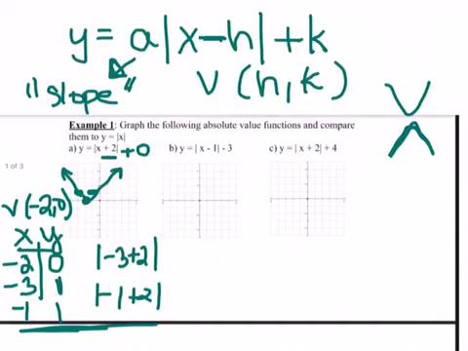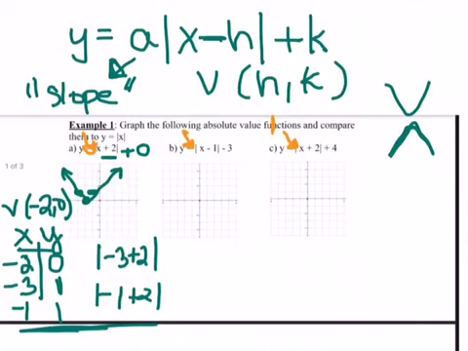Now that's pretty cumbersome to have to do all this arithmetic. So what I can do instead is treat the value in front of the absolute value, which in this case, notice none of these have a value, so we're going to say that it's 1. I can plot my vertex and then use that quote-unquote slope to help me find the other points.